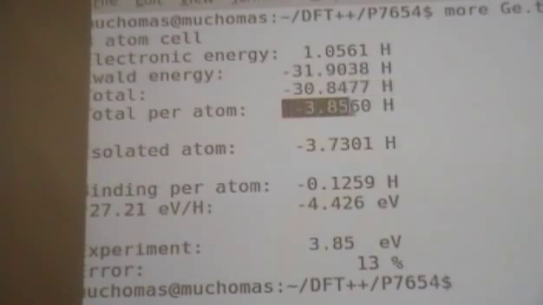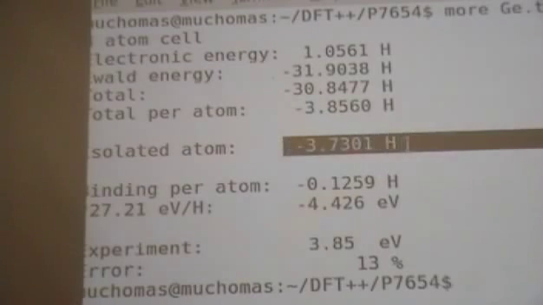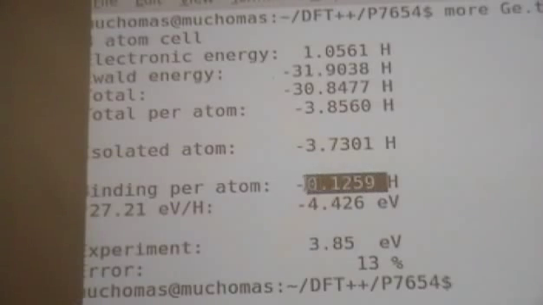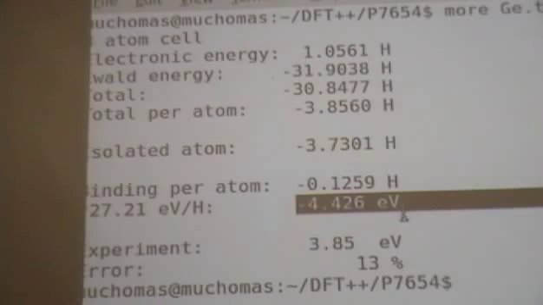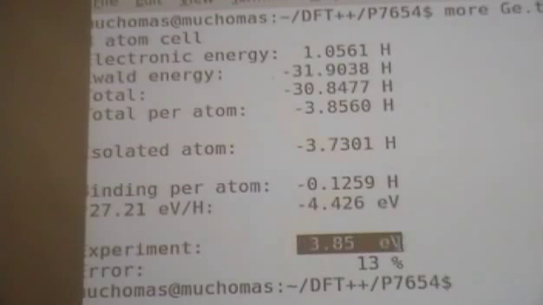Per atom, it has this much energy in Hartrees. You then do an isolated atom calculation, which has this much energy, which is less magnitude but higher because it's a negative number. So the energy is lower to go from the isolated atom to the atom in the crystal, which is good. The crystal hangs together. It's lower by about this many Hartree, which in volts is 4.4, and the experimental value is not too far off. It's about 13% off there.